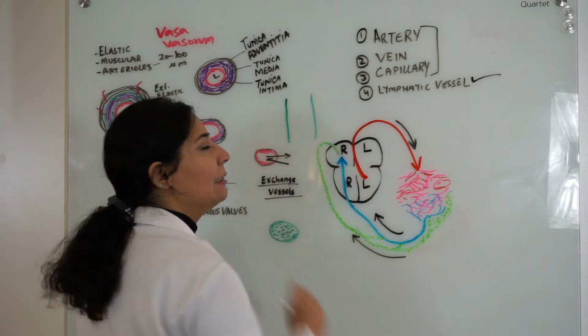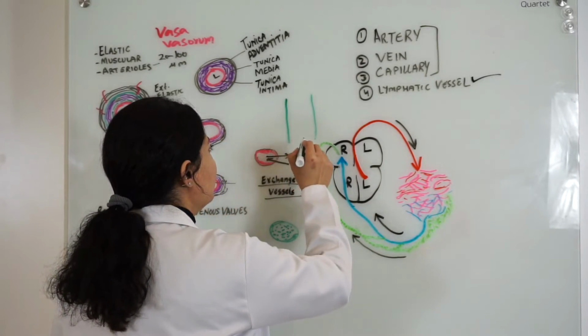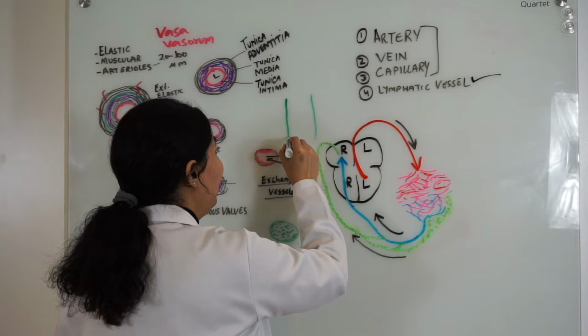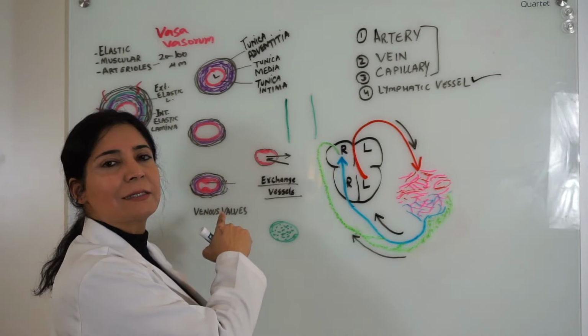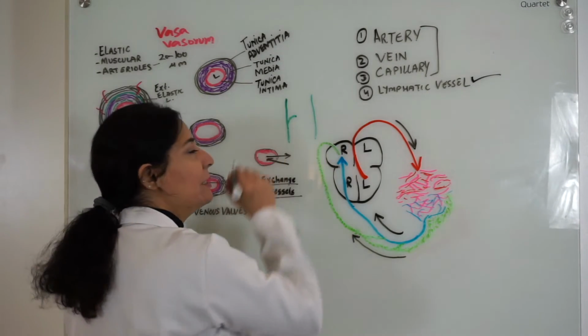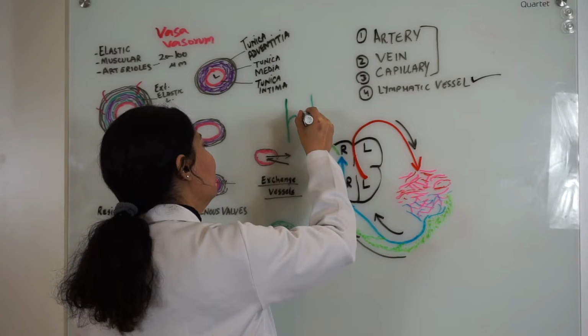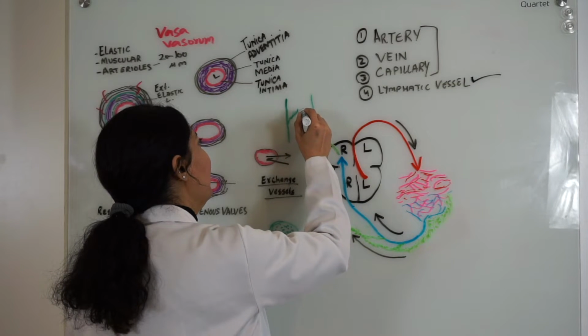It's a wide bored vessel, and the lymph is flowing, but it has, like the large veins, flap-like structures extending from its intima. And these are known as the lymphatic valves.